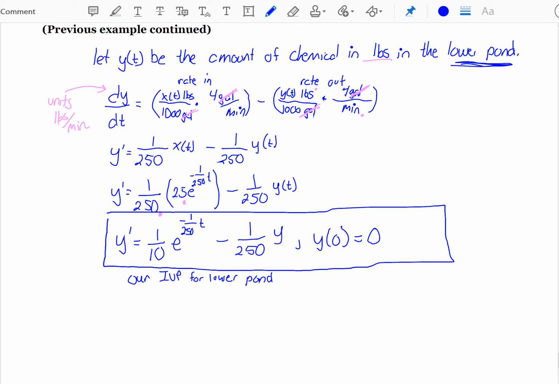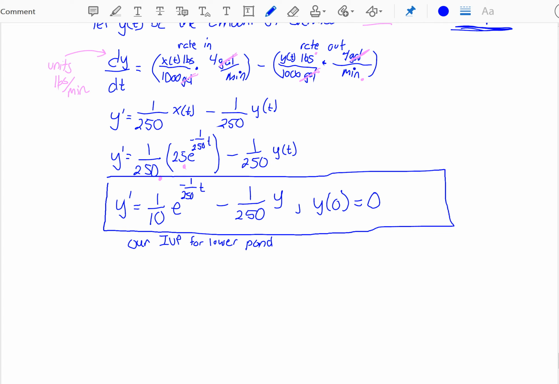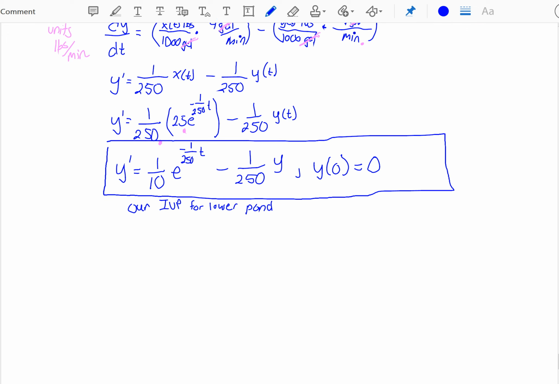Now, there's a variety of ways you might be able to solve this, but I'm going to be using the integrating factor method. And so to use the integrating factor method, I want to write it in our standard form where all of the y's are on the left-hand side of the equation. So I'm going to write this as y prime plus 1/250th y equals 1/10 e to the negative 1/250th t.